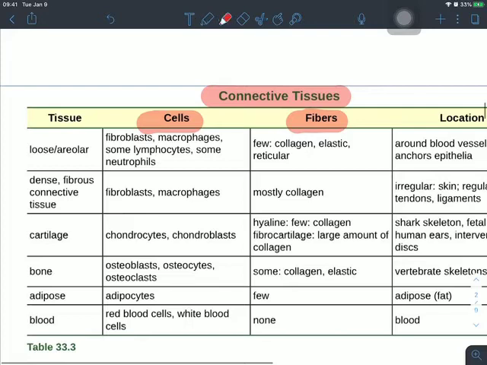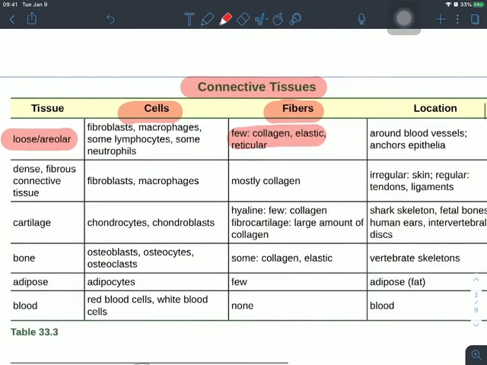Now, the types of tissues within our connective tissue include the loose connective tissue, of which we see collagen, elastic, and reticular being some of the major drivers. And then our fibrous connective tissue.